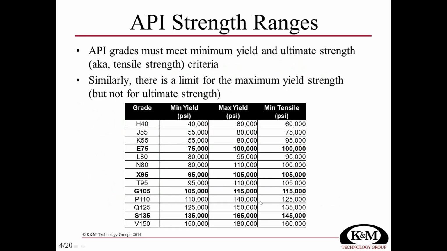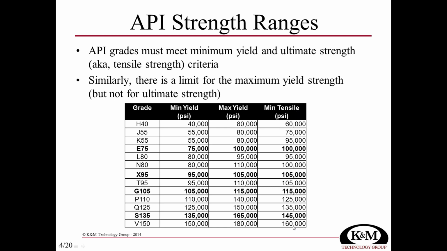Well, before we get into that, we need to give you a little background about API pipe. What you've got here is a list of different API casing and drill pipe grades. The drill pipe grades are in bold: E75, X95, G105, S135. API says what the absolute minimum yield needs to be and what the maximum yield strength needs to be, and also specifies the absolute minimum tensile strength.